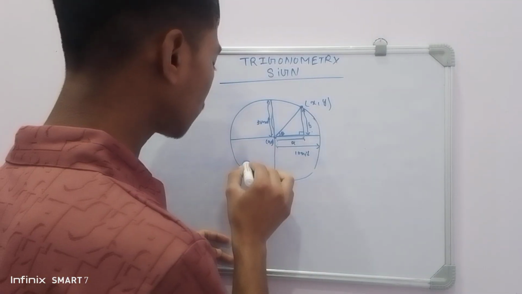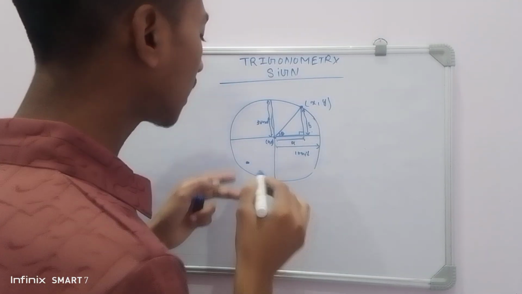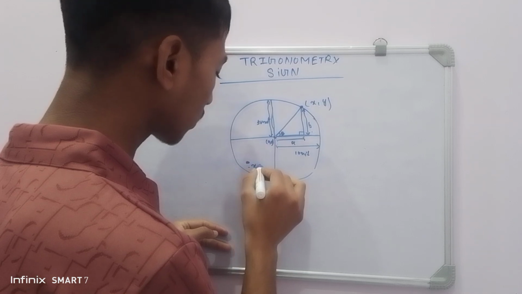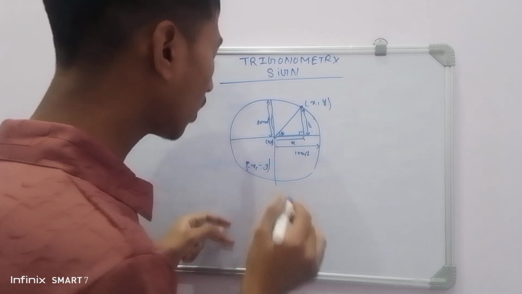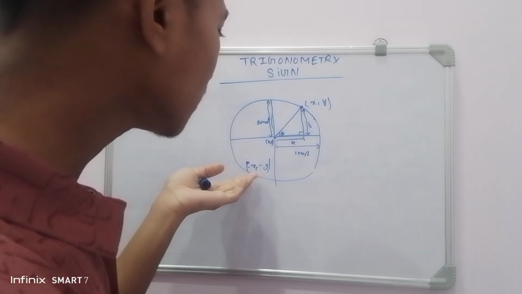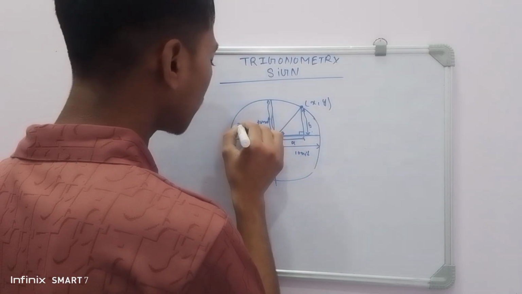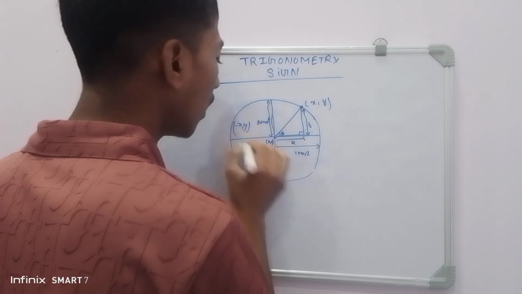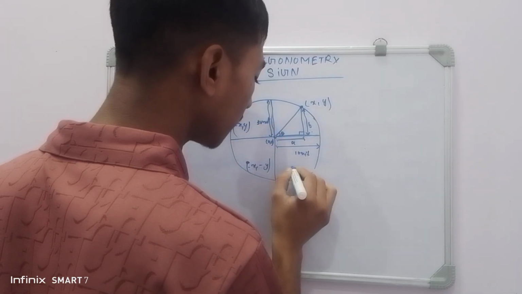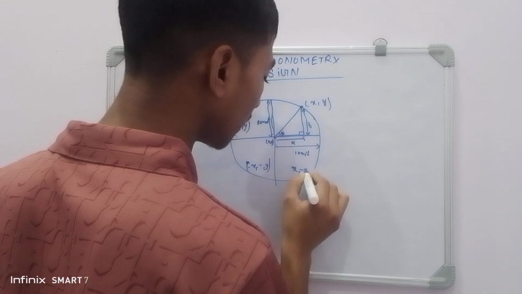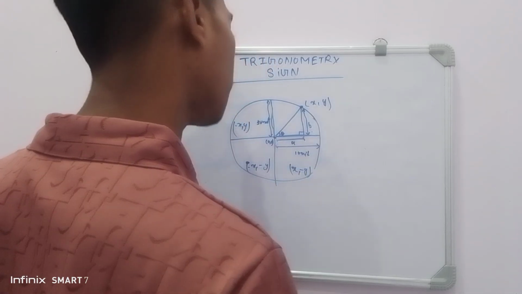If I ask you to find the coordinate of this point, your answer is minus x, minus y, because it is in the third quadrant. But in the second quadrant it is minus x, plus y, or in the fourth quadrant it is x and minus y. Like this the coordinates are going to be.